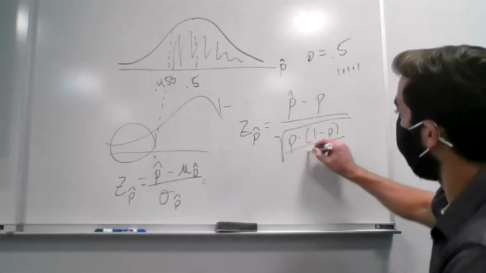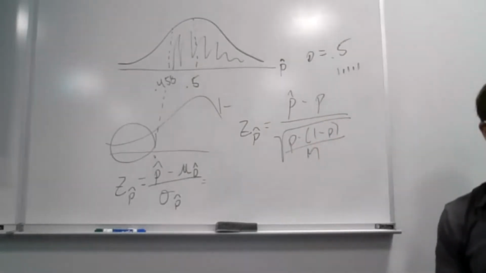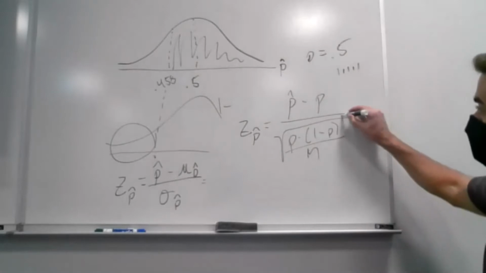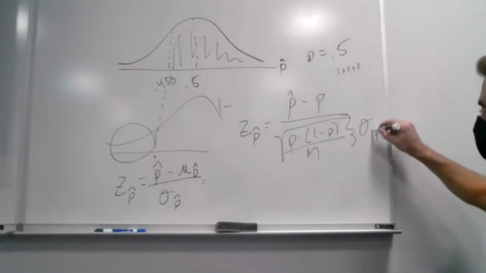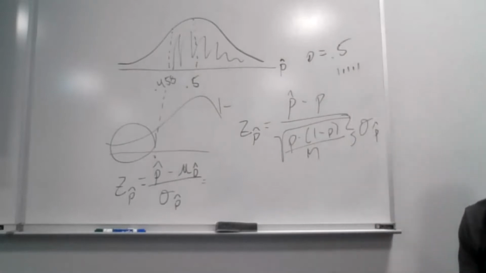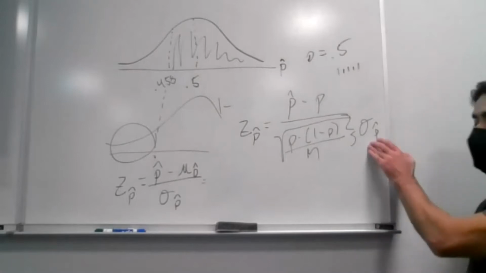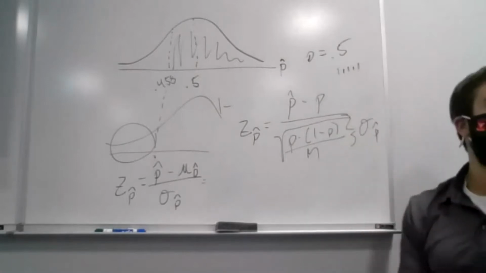I had it written down earlier. But if you remember that this just represents the standard deviation of whatever statistic you're looking at, you can always calculate this first and then just plug that value in.